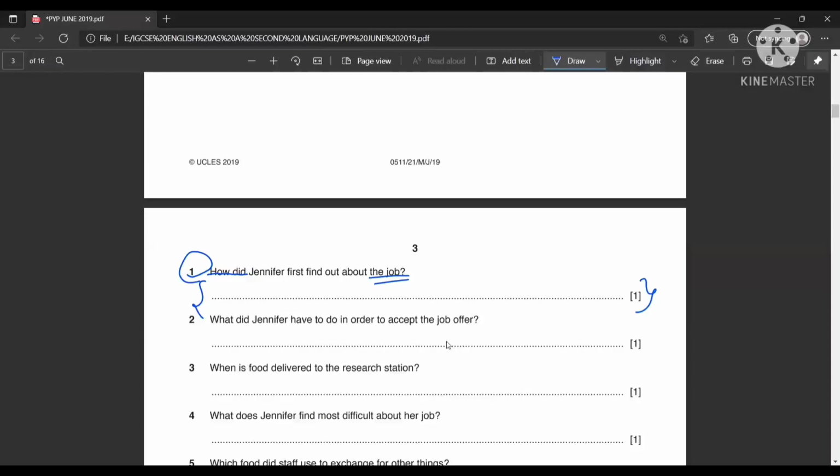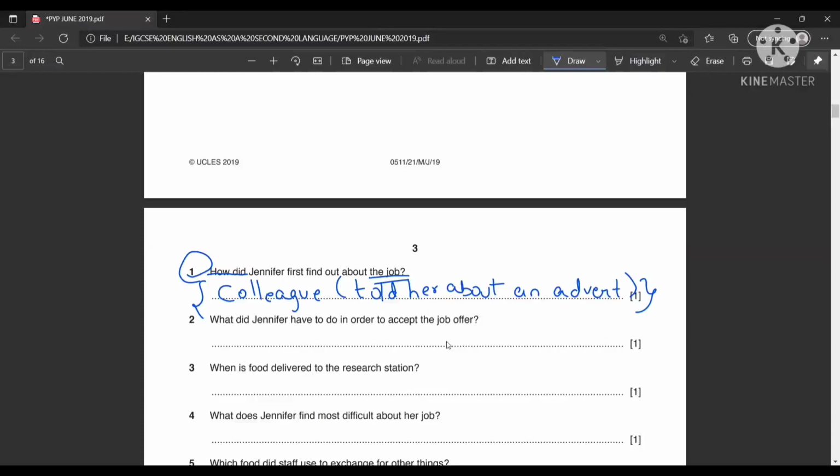And try to be very precise, because if you are writing long statements, there might be chances that you won't get the marks. So we can write just colleague, or we can write the entire statement. If you're writing colleague, that is okay, and if you're writing colleague told her about an advert, that is also correct.